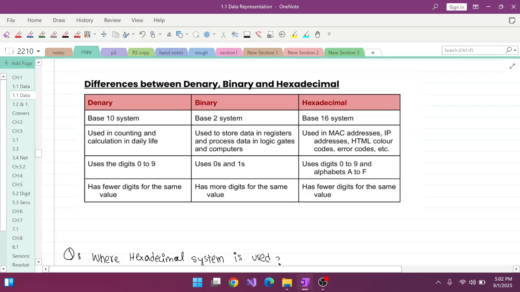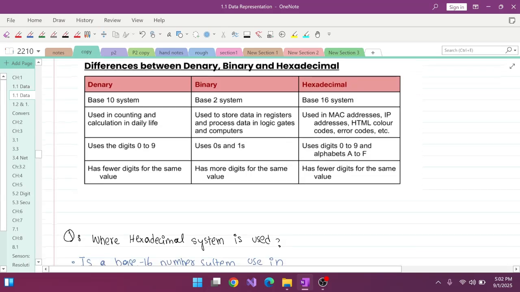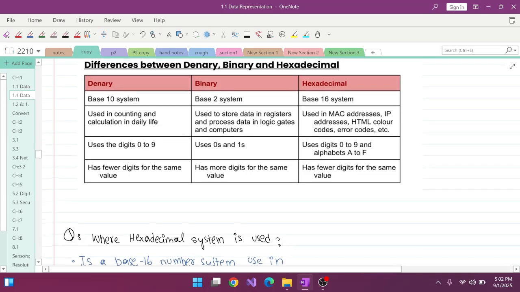Hexadecimal is used in MAC addresses, IP addresses, HTML color codes, or error codes. They use the digits 0 to 9, the digits 0 and 1, and 0 till 9 and then afterwards till 15 we use A to F. Denary has fewer digits for the same value, binary has more digits, hexadecimal has fewer digits.